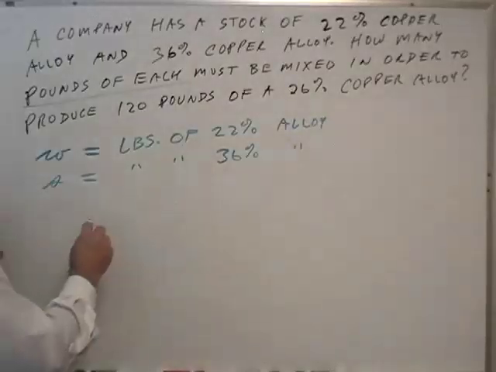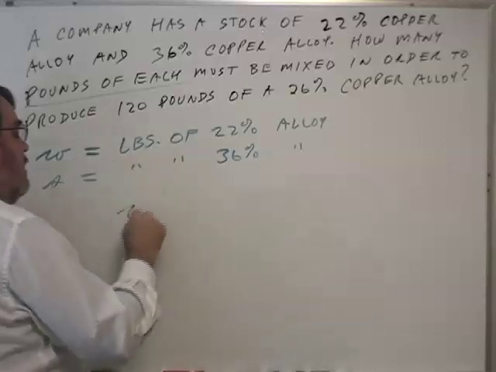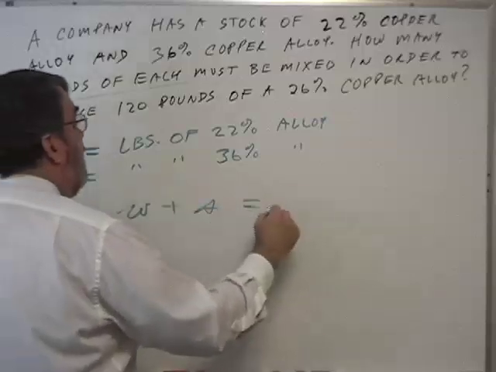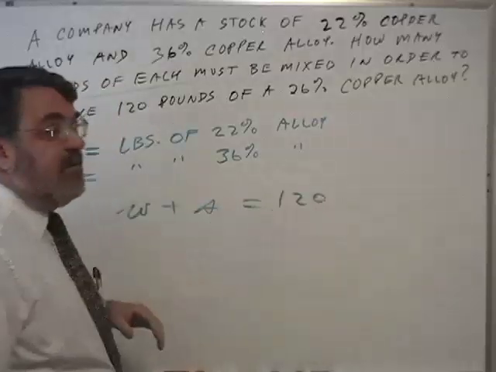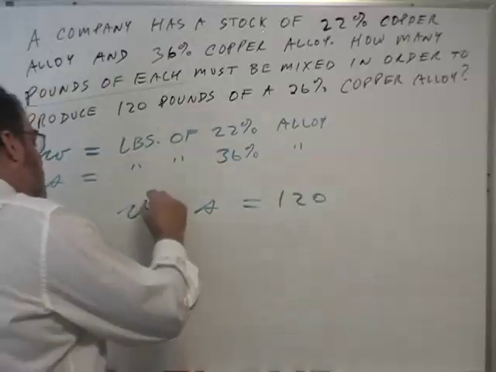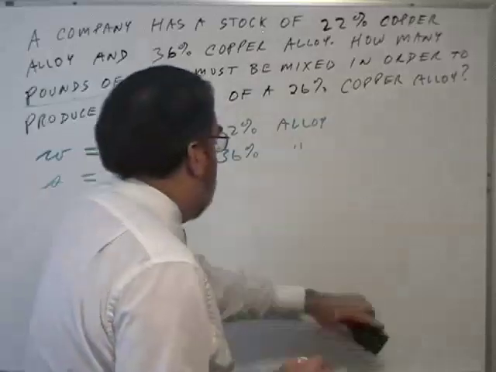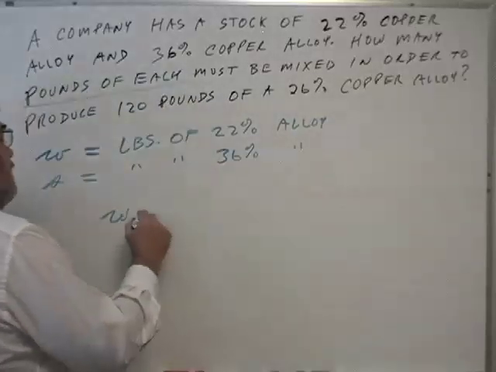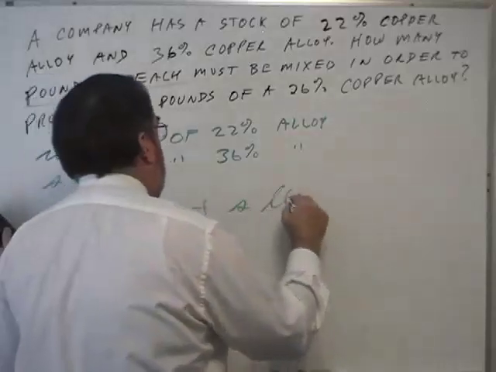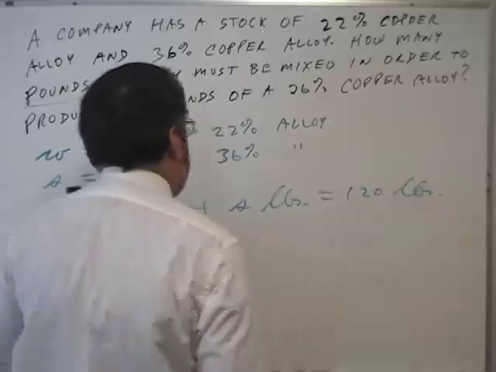Since these describe pounds, W pounds plus S pounds equals 120 pounds. Let me write those units in. We'll have time to work the algebra later.